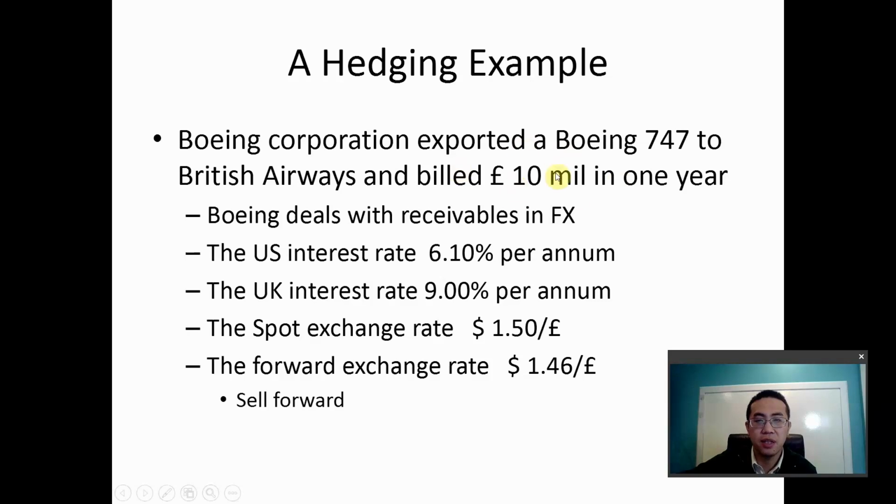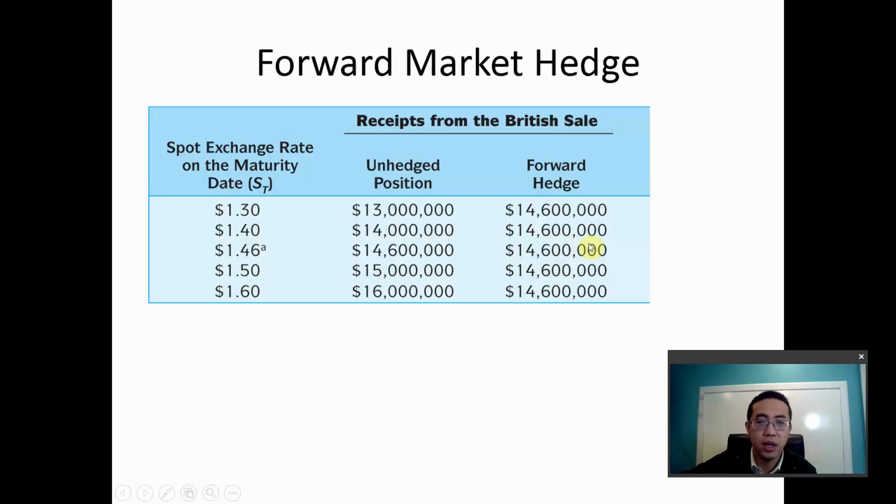So after you receive the 10 million pounds from British Airways, you will immediately sell it using the forward contract, and the forward rate is 1.46. So no matter what the spot rate is, you always receive 14.6 million US dollars for the forward position.